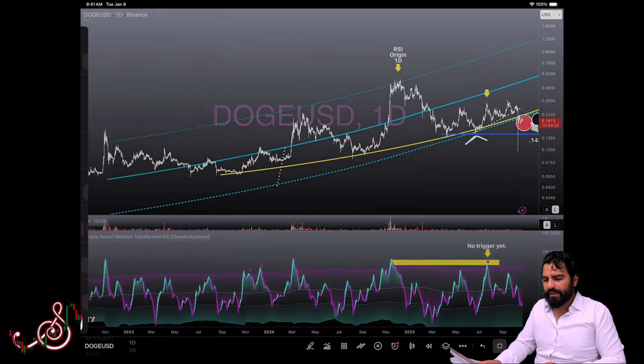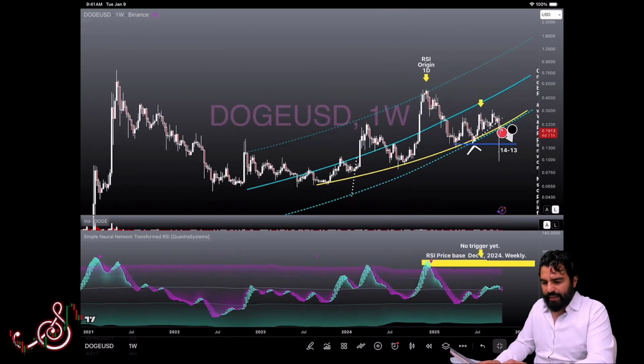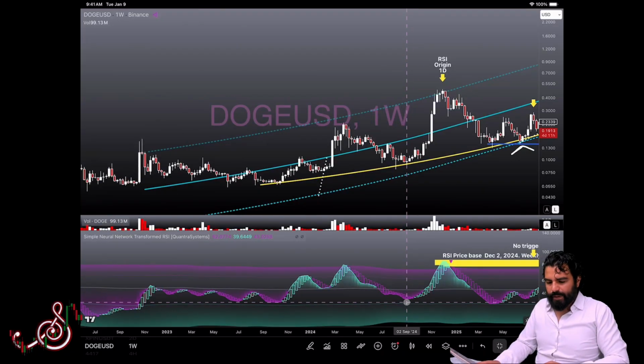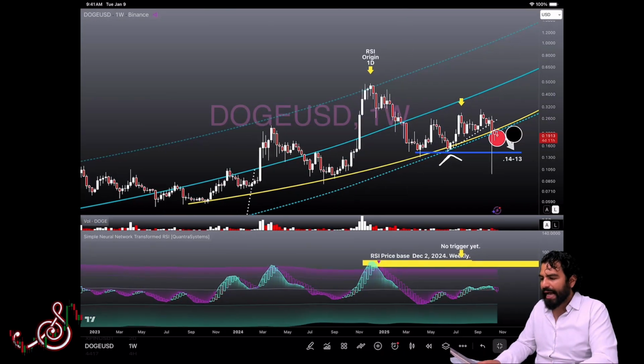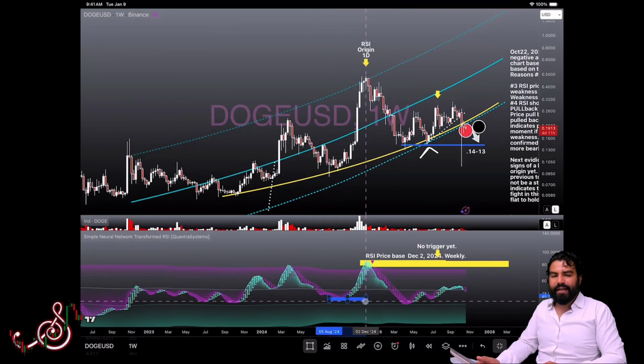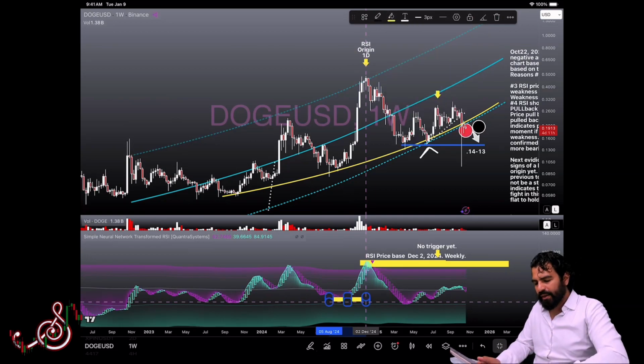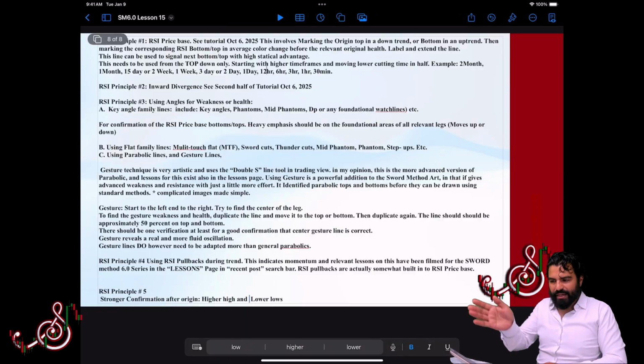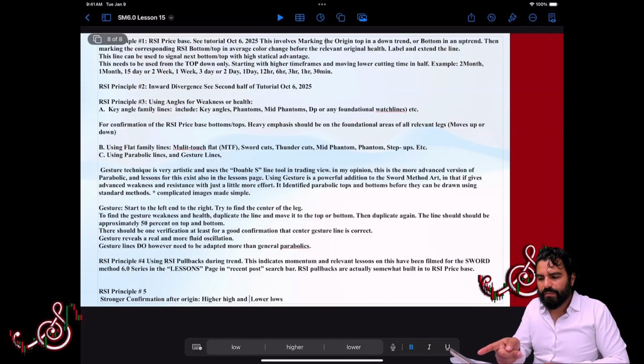We're going to start on a higher time frame. So I'm looking again at this bottom. Is there a bottom triggering here on the higher time frames on a weekly chart here? Yes, this principle is in line with principle number 1, which is to use the top down, and this involves marking the origin in a downtrend, bottom in an uptrend.